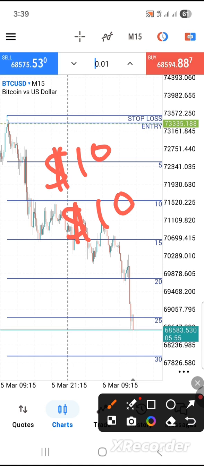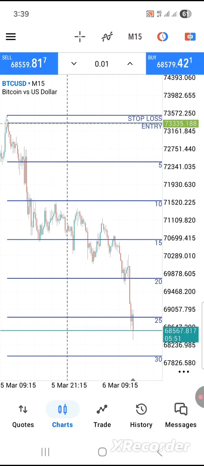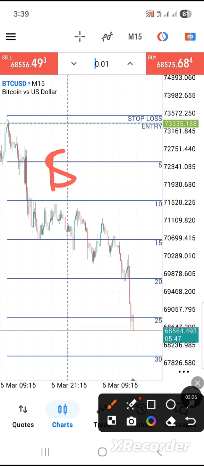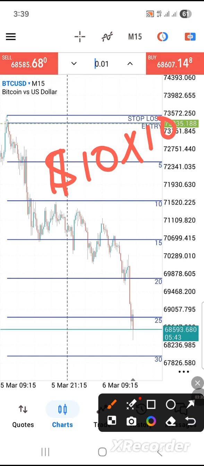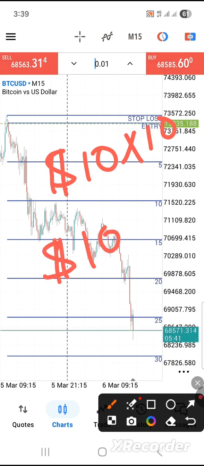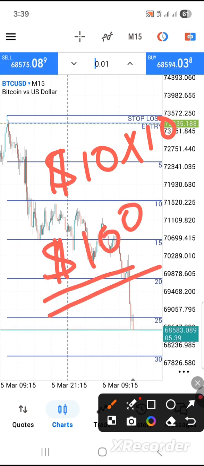Now in trade management, what you do is make sure the first $10 times 10, what do you have? You already have $100 in the pocket. Then the second one is now the risk-free trade.